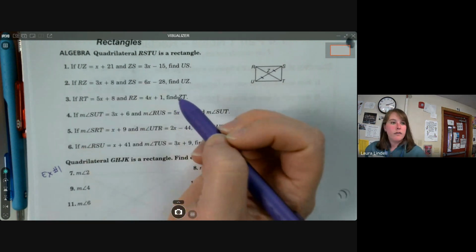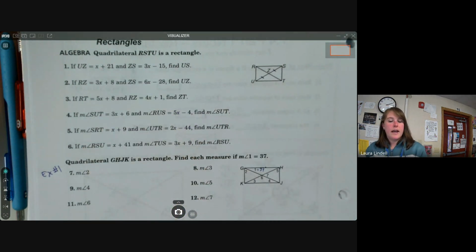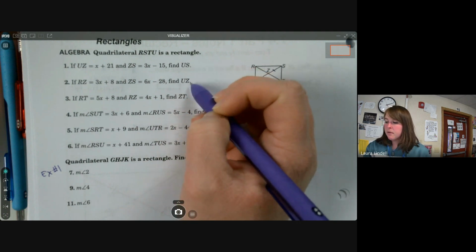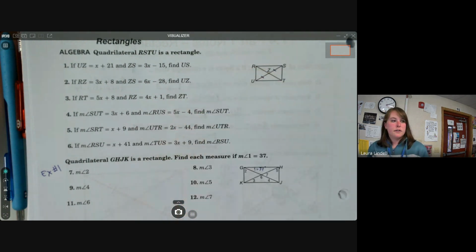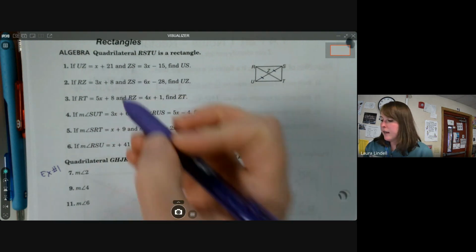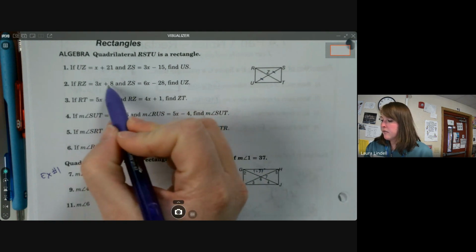And so whatever I get when I find x and I plug it back in and find the thing it asked me to find, when you go to the next problem, don't use the same stuff from here. We're going to restart and label each of these things separately on the picture.